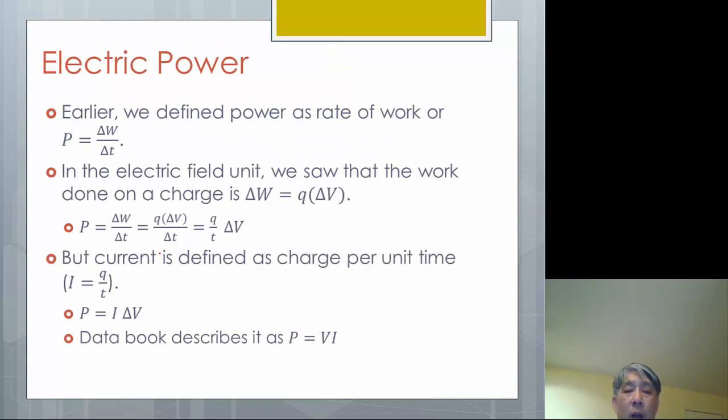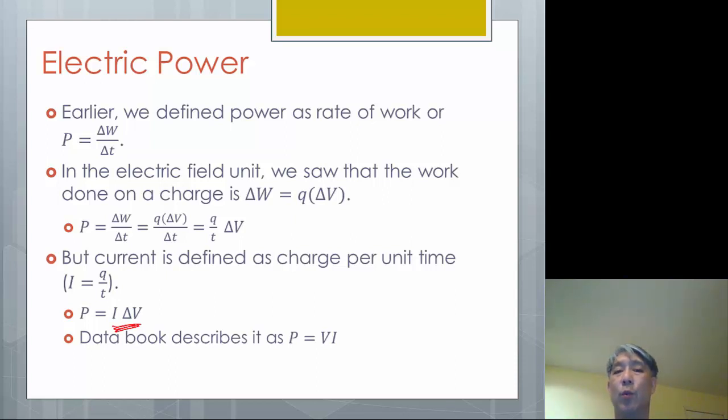And that brings us to the last formula that we're going to be working with, and that's the electric power formula. Last year we learned it as power is equal to current I times voltage V, or delta V. The mnemonic I used last year is P equals IV, or poison ivy. Earlier we defined power as rate of work, the amount of work done per unit time.